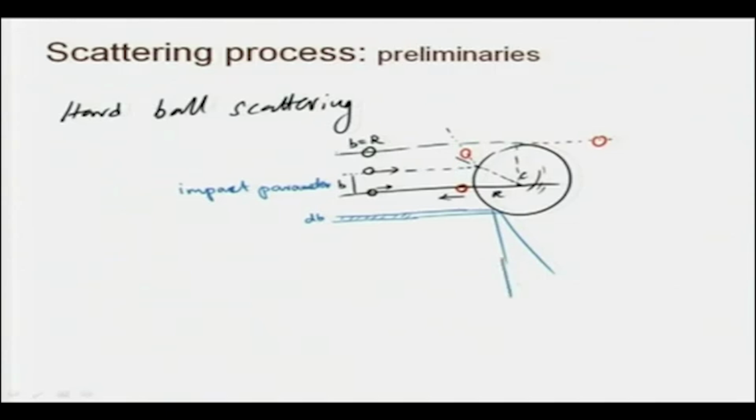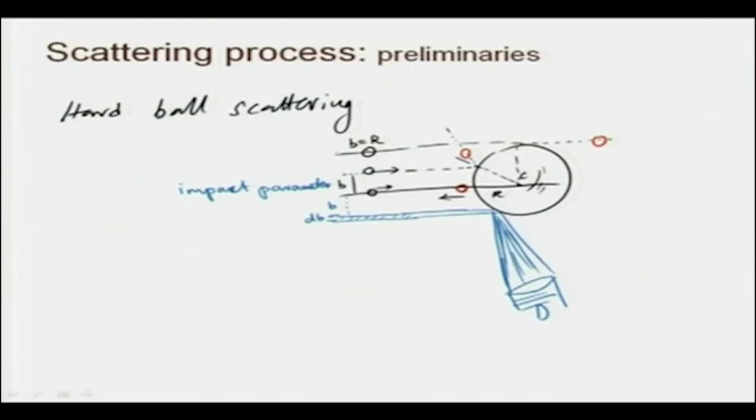All the beads inside this small band, with impact parameter b and small width dB, will come out at some angle, and if I keep my detector D at this position, I will receive all of them if the detector is sufficiently large.